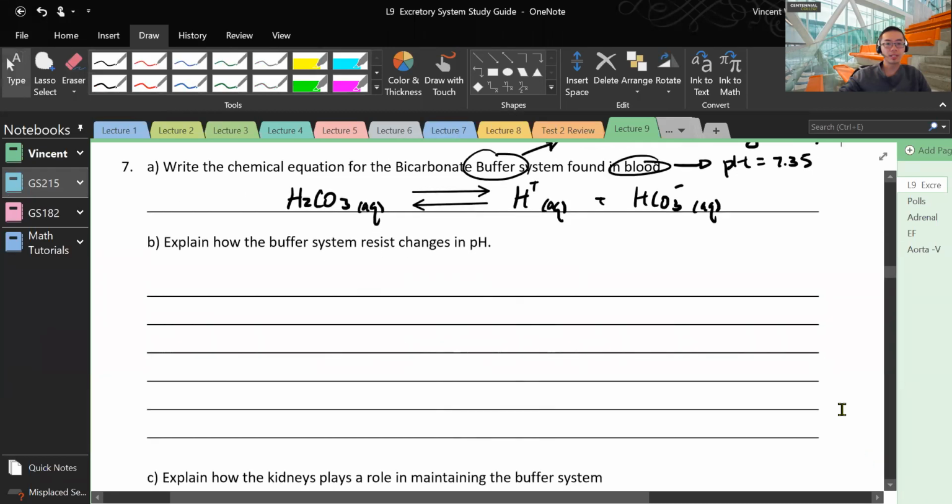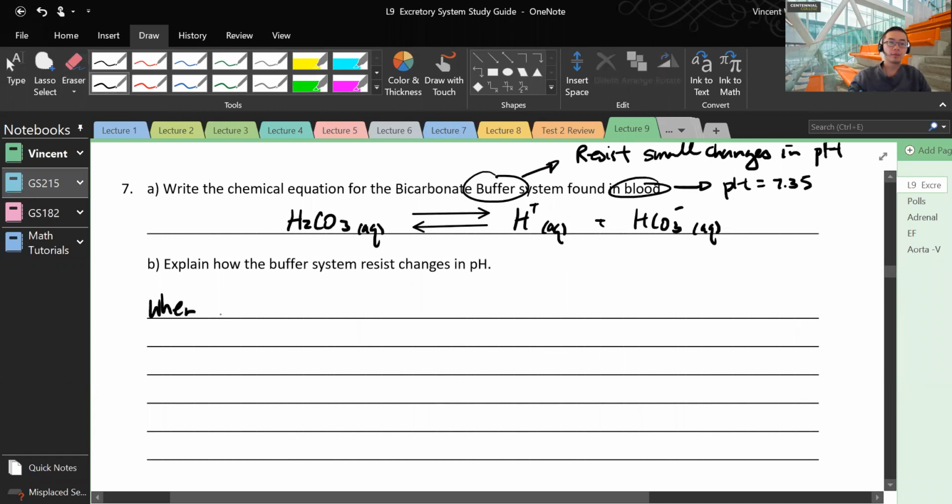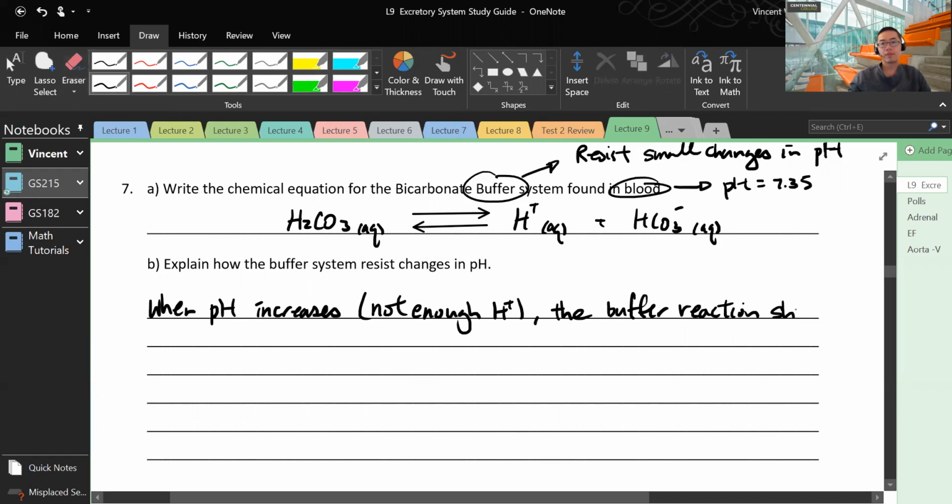So explain how the buffer system resists changes in pH. Okay, so when pH increases, pH increase means it's more basic. That means there's not enough H+, right? The buffer reaction shifts right to produce more H+.